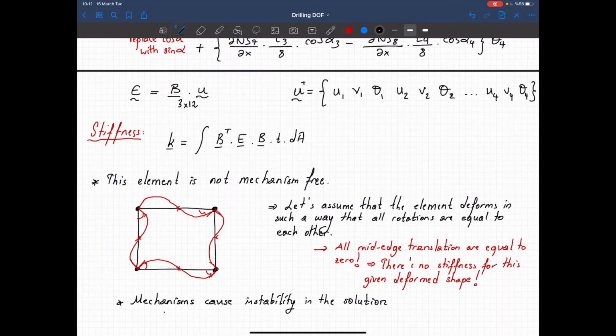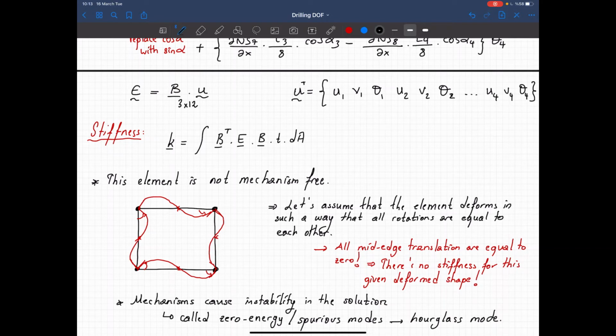So sometimes the mechanism is called, for the element, you can find in the literature, they are called zero energy or spurious modes. Sometimes you can find it as the hourglass mode also. So these are the way this problem is referred to in the literature.